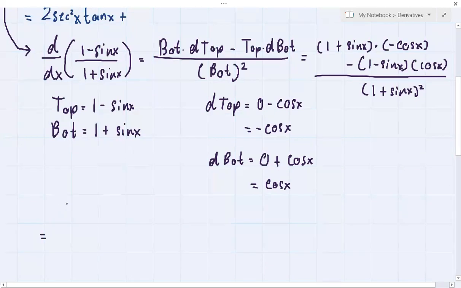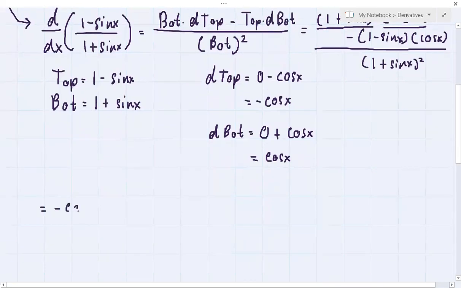Okay? So, let's simplify. If you multiply cosine x with the negative cosine x inside the parentheses, we will have negative cosine x minus cosine x times sine x.